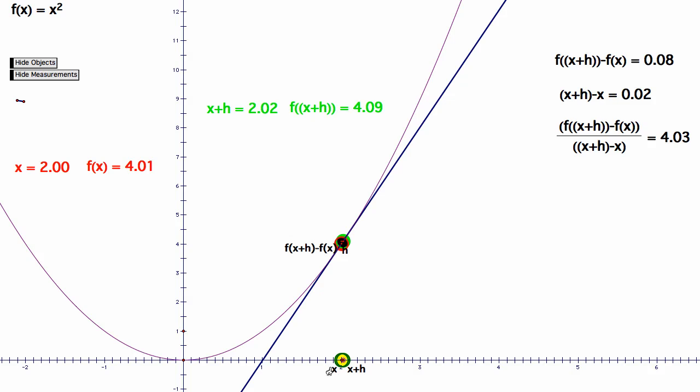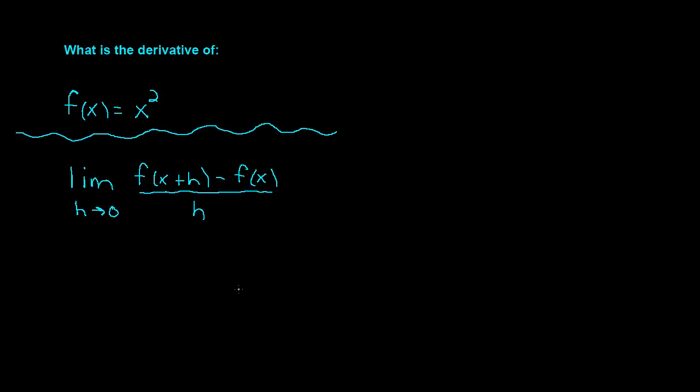So 2 would be x, and then this guy right here would be 2 plus h. How would we actually solve this analytically? Well, it comes down to the question, what is the derivative of this function? And before I answer that, I want to answer the more specific question of what is the derivative when x is 2. So the derivative when x is 2 is going to be the following.